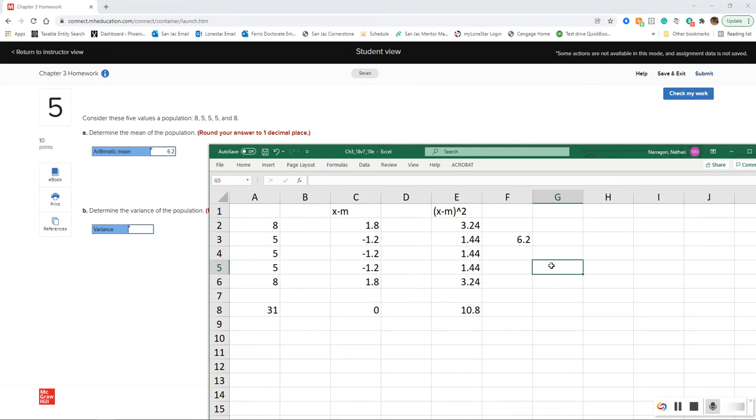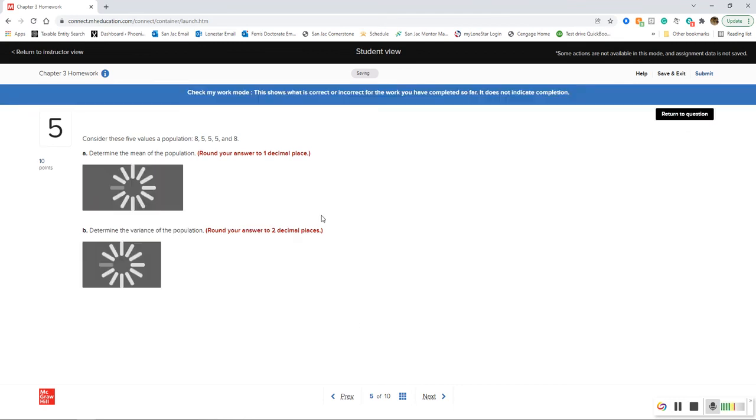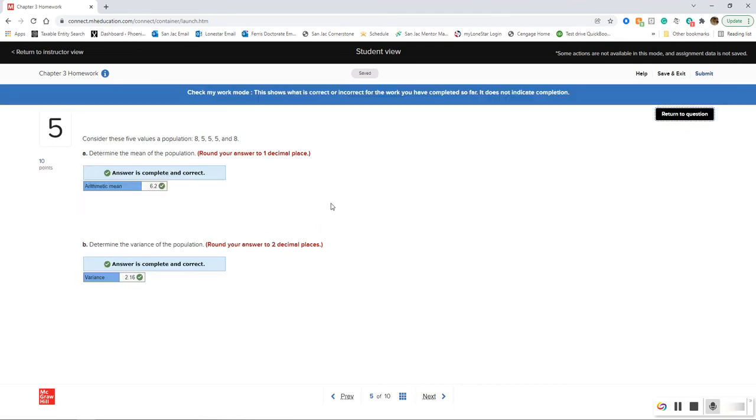So for our variance, we now can take this total and divide by 5. The number of items we have. So the variance is 2.16. Sweet. Check. And boom. Okay. Nothing more to question 5.